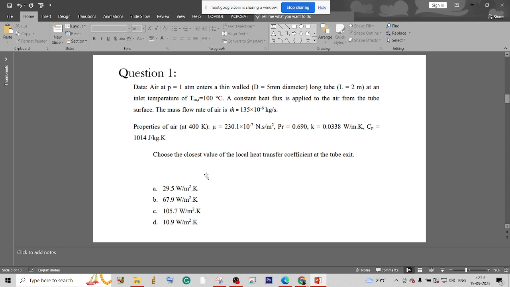So 4.36 into k, 0.0338, upon d, which is 0.005, in watt per meter Kelvin, meter. So this is 29.47 watt per meter square Kelvin. So which option is this? This is option A. I hope I've explained it properly.